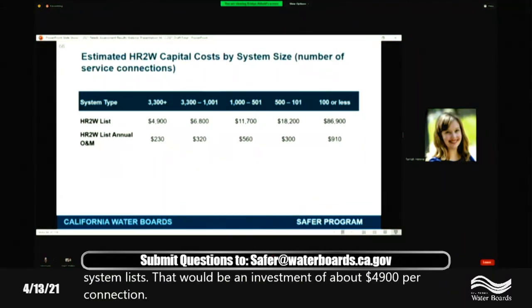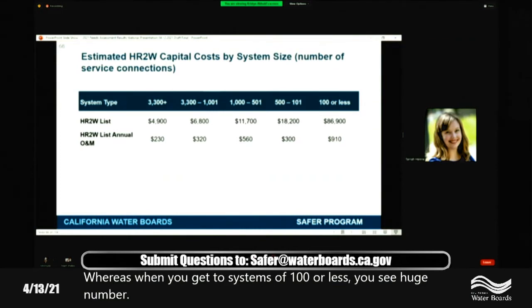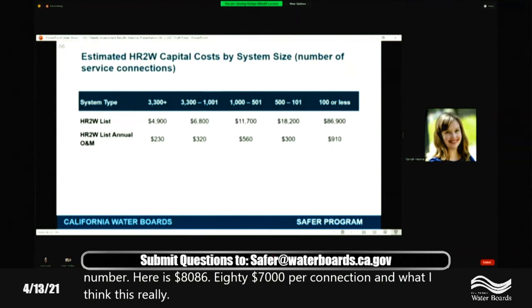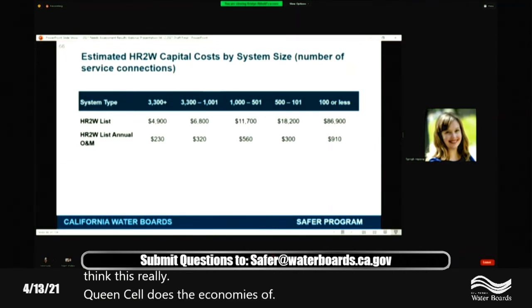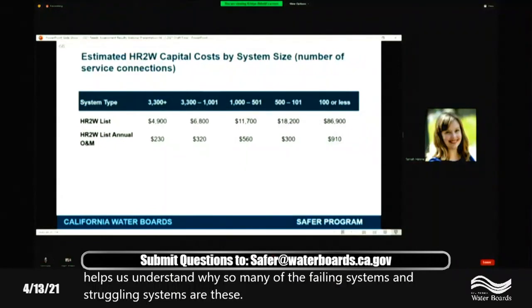Whereas for systems of 100 or less, you see a huge number here: almost $87,000 per connection. I think that points out the economies of scale, and helps us understand why so many of the failing and struggling systems are these smaller systems. It's just not as cost effective.